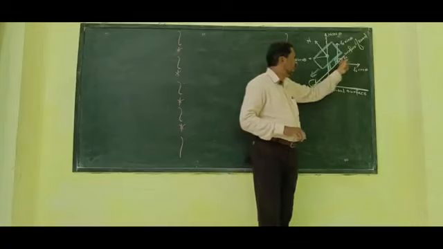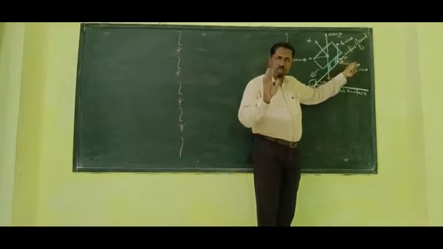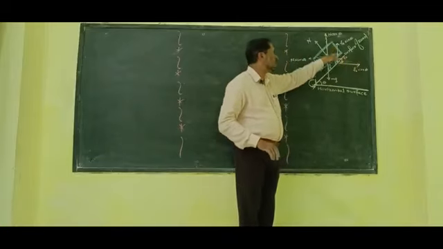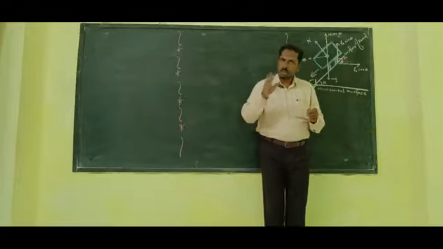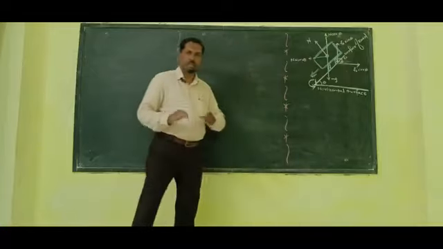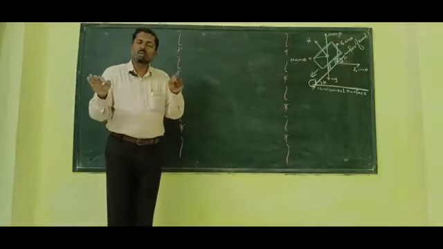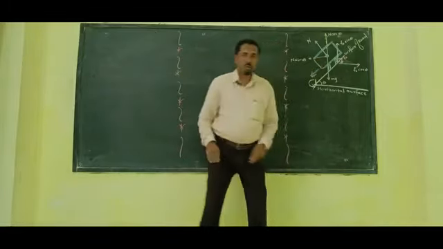That limiting force of friction is also resolved into two components. One is Fs sin theta, another is Fs cos theta. Likewise, the normal n is resolved into two components, n sin theta and n cos theta.